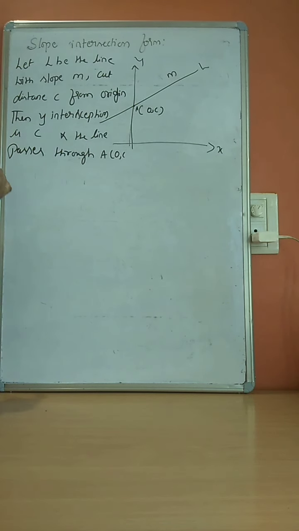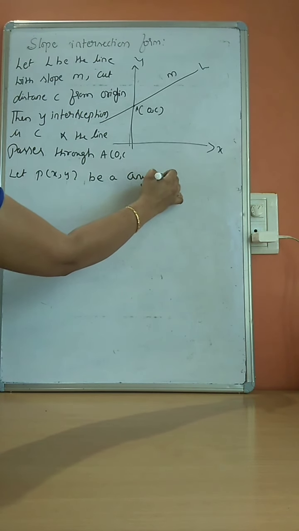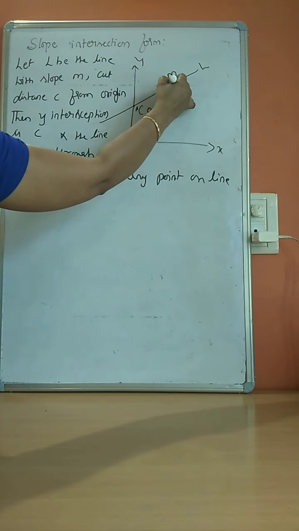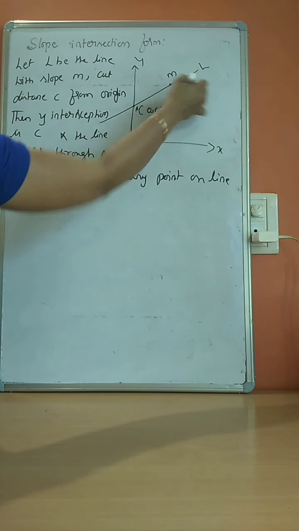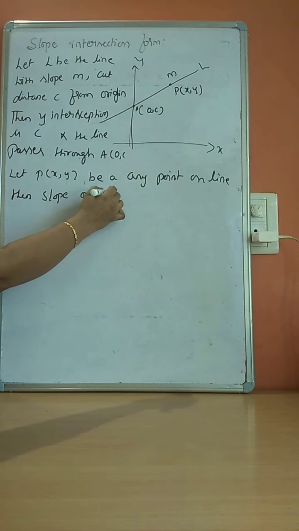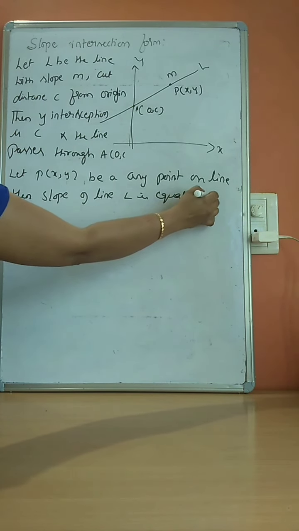Now let P of x comma y be any point on the line. Then the slope of line L is equal to m.